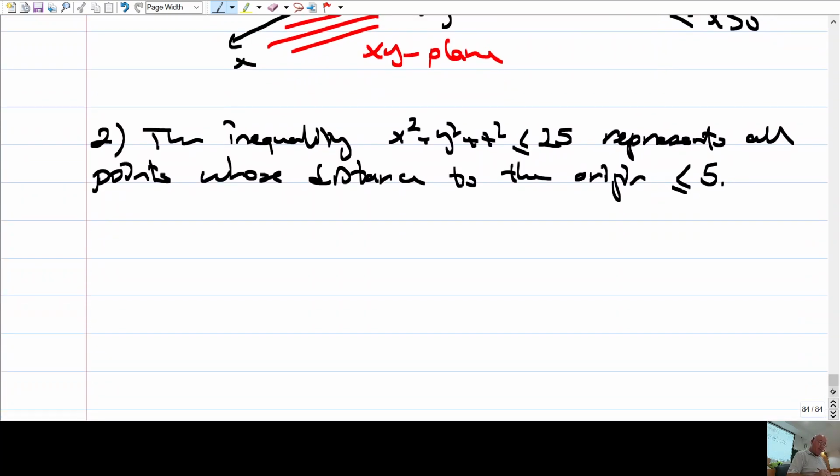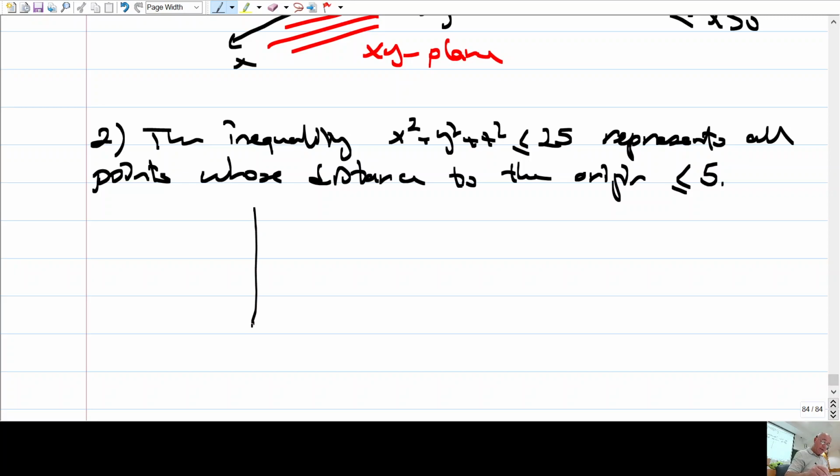So what is this? This is just the set of all points on the sphere and inside the sphere given by this equation, x squared plus y squared plus z squared is equal to 25.